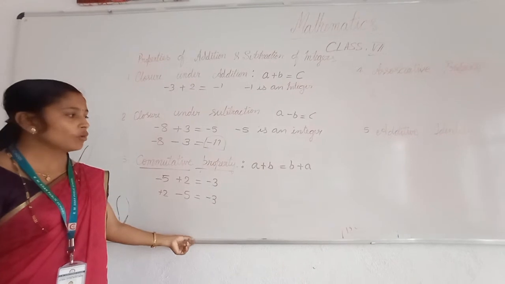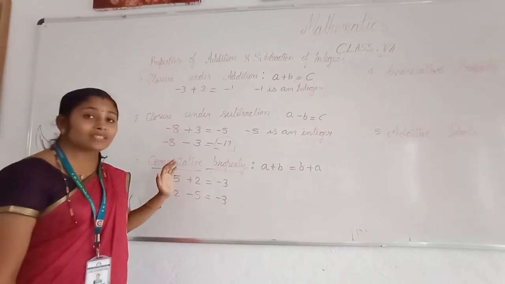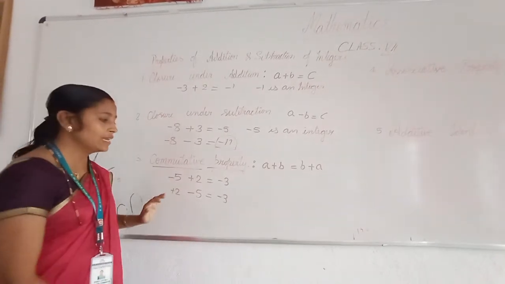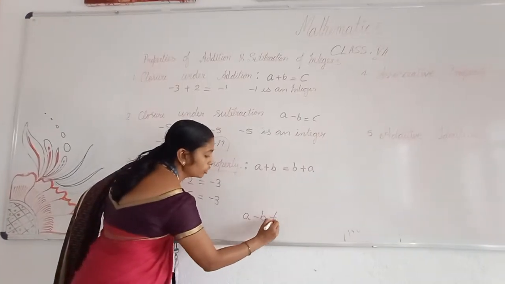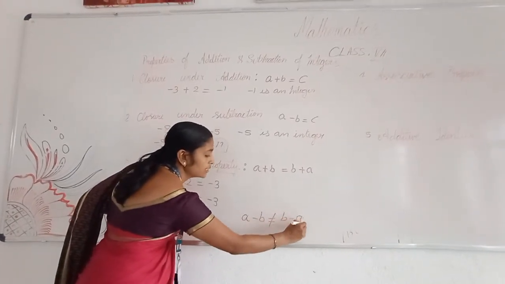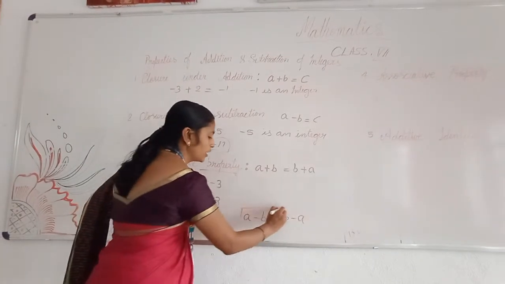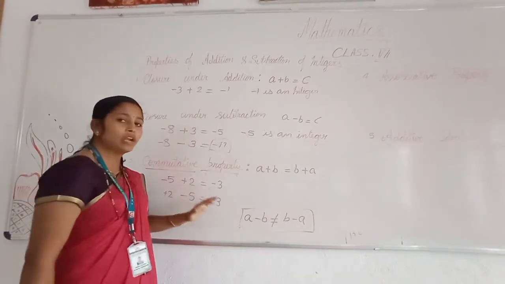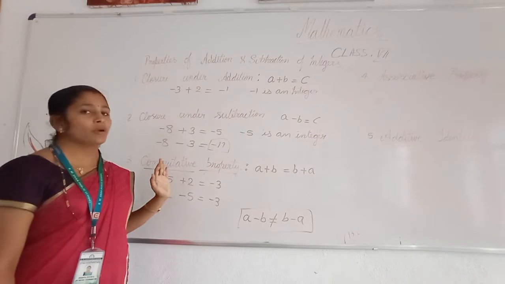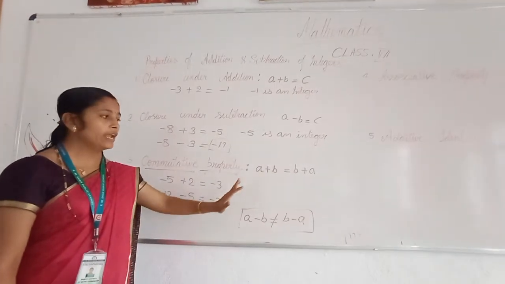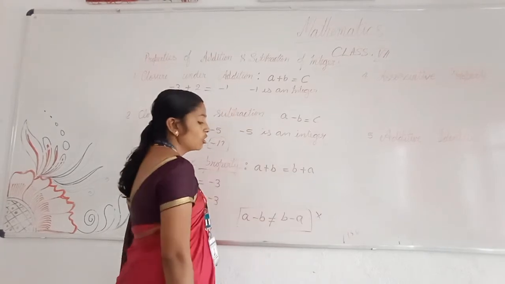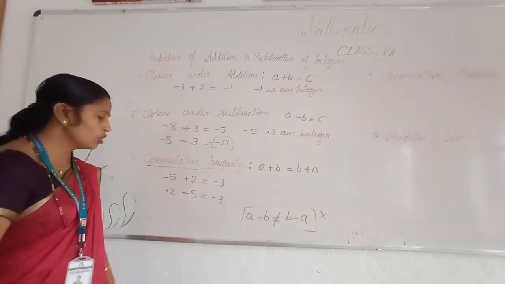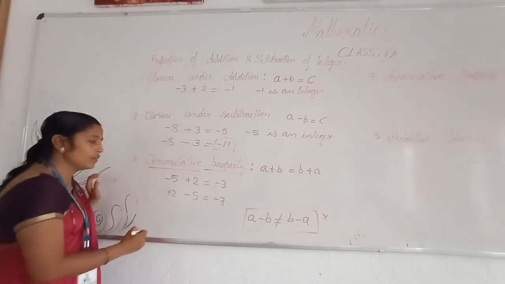But if you go for subtraction, it is not possible. a minus b is not equal to b minus a. Be careful, subtraction is not commutative for integers. Only addition is. Why? Because if you change the order, you get a different answer.